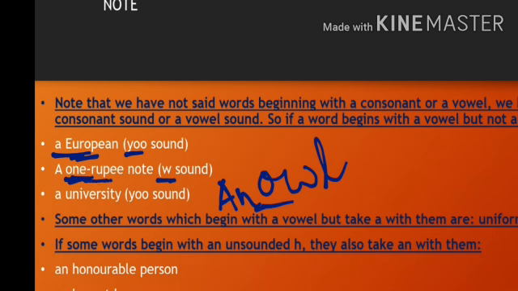And if any word starts with o and the pronunciation comes of any consonant like w, one, then there we have to use a. A university, university. Again this word starts with u, u is a vowel, but the sound comes of yo, y double o, university.